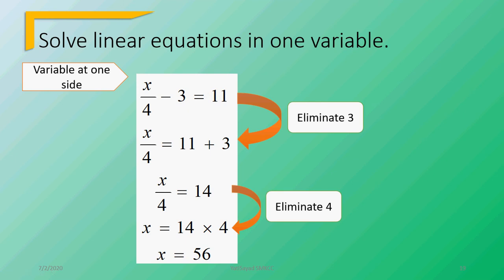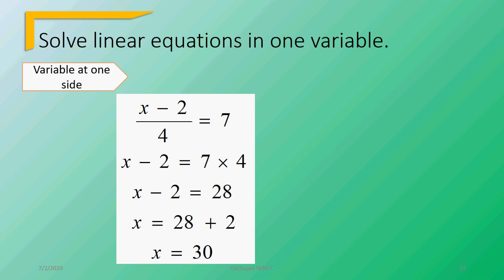Next, what if you have x minus 2 over 4 equals 7? This time, in this example, the left hand side is one term. So you cannot eliminate minus 2, but you have to eliminate 4 first. Since this is a division at the left hand side, at the right hand side you have to multiply by 4.